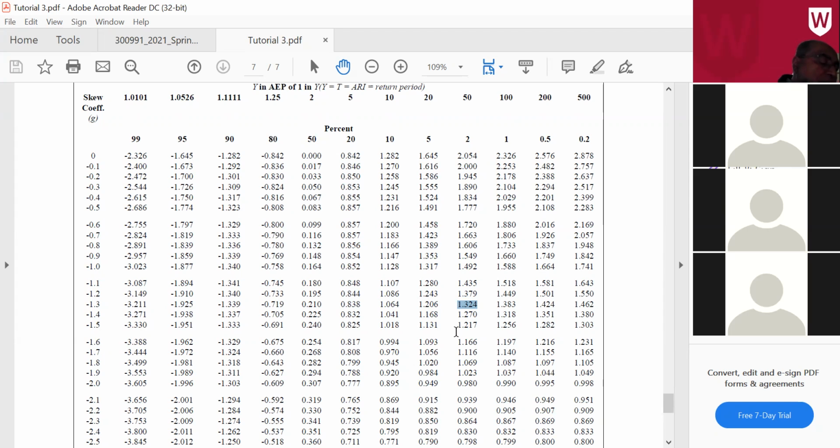So by interpolation, we have to find out, for skew of minus 1.21022, what is our KT value? So this is an interpolation problem. That is for the 50 year, and now for 100 year, we have to use these values: 1.449 and 1.383.